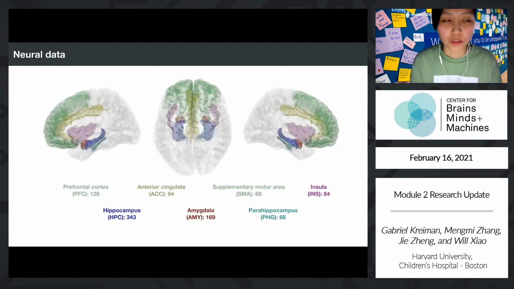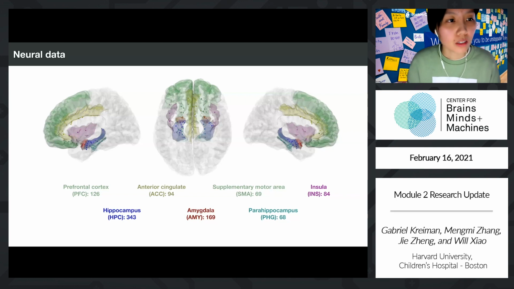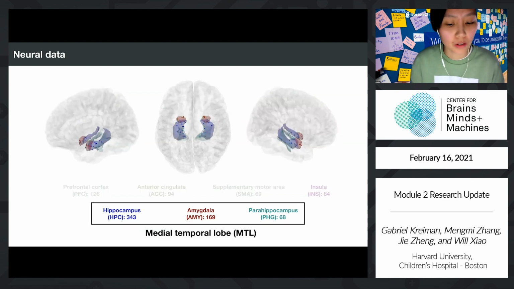Among all the 20 patients we recorded so far, we detected approximately 1,000 neurons from different brain regions. For the analysis and results I'm going to present, we are focusing on three specific regions, the hippocampus, amygdala, and parahippocampal gyrus, because they're known to play critical roles in episodic memory and also boundary detection.